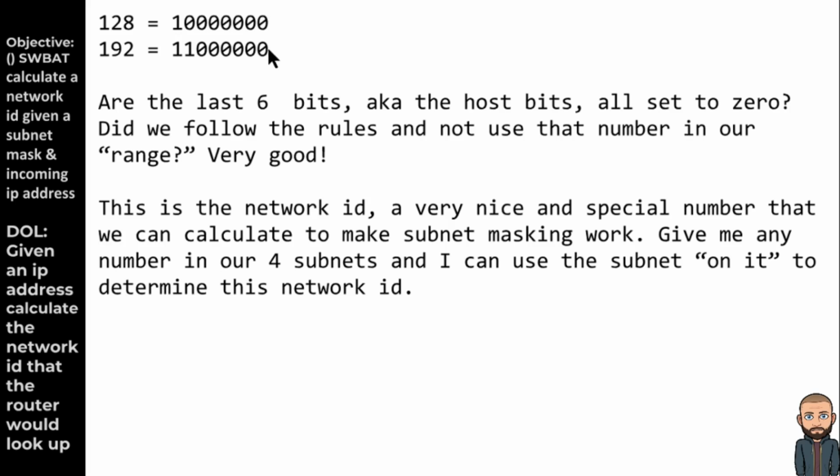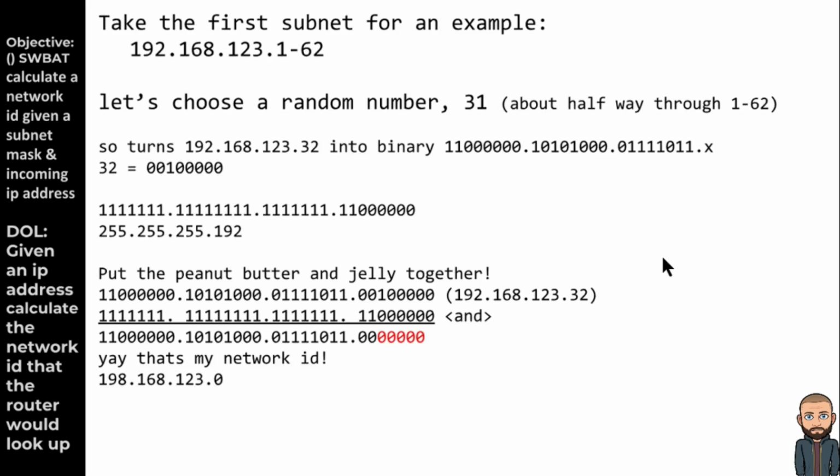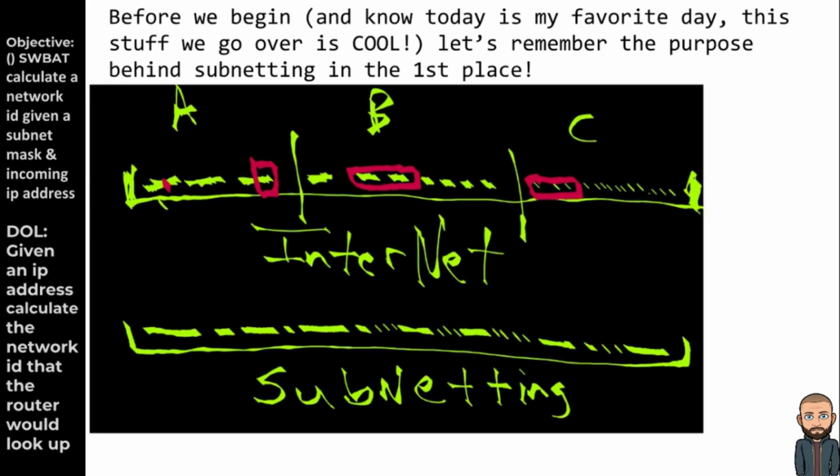The magic of having a network ID like this is we can use these network IDs in a routing table to help people find the right network they're looking for.